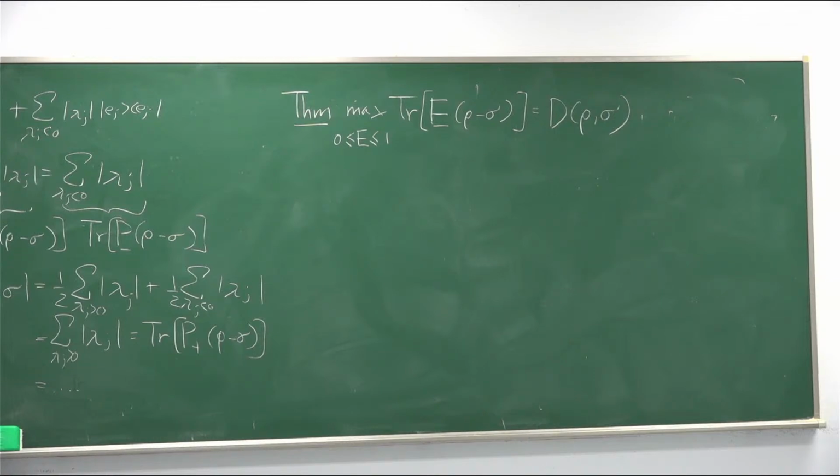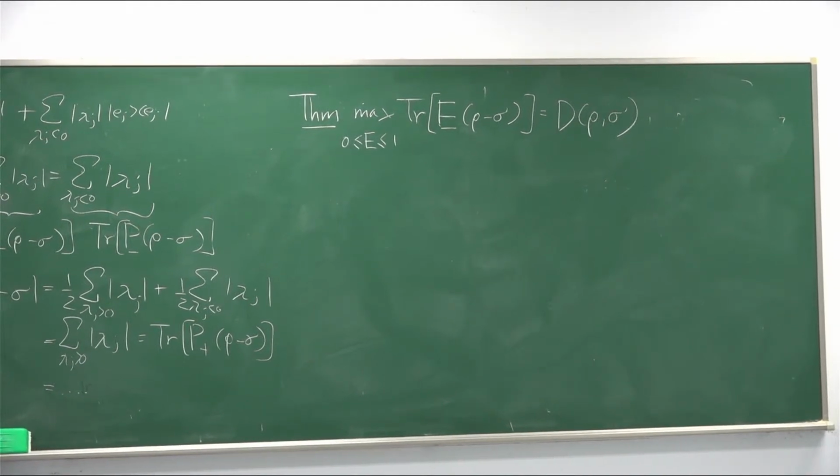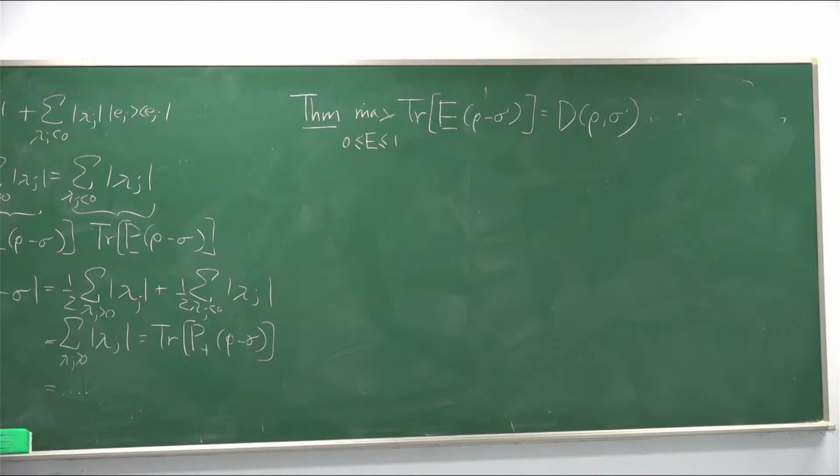What would be more like a distance would be the infidelity, right? It's like 1 minus fidelity, just because if the fidelity is 0, it means that the states are orthogonal, since it's just an overlap of the states. If the fidelity is 1, then the two states are identical.